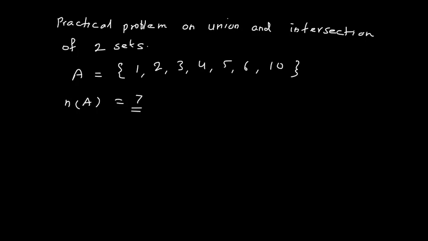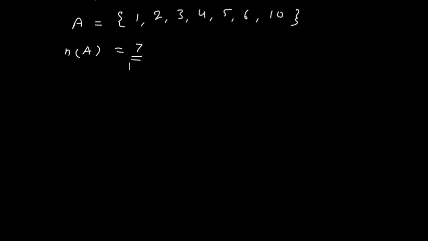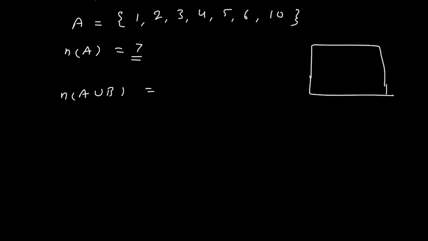So this is what we understand by cardinal number. Now, if there are two sets, let us find n(A union B) with the help of a Venn diagram. Suppose this is A and this is B. Now I have to find n(A union B). It will be this part plus this part plus this intersection part.